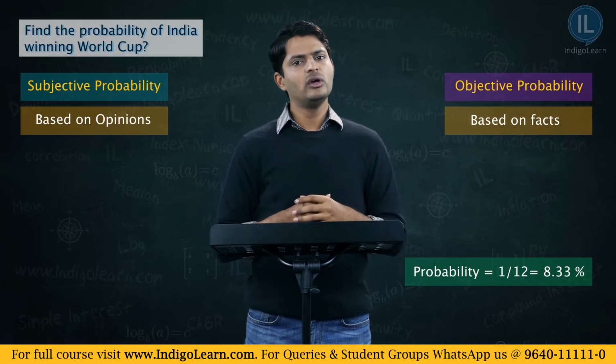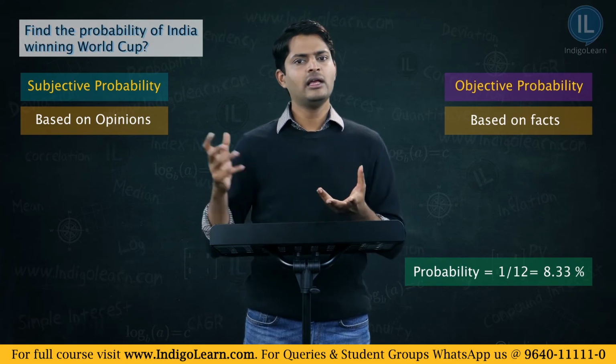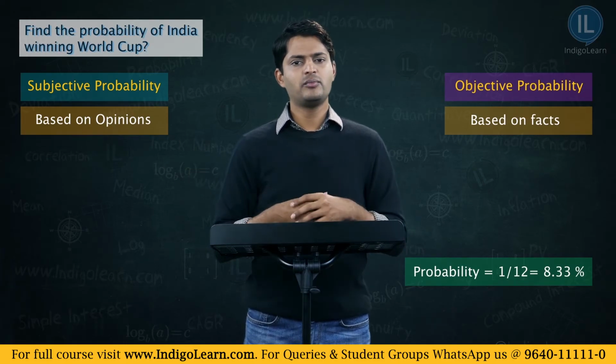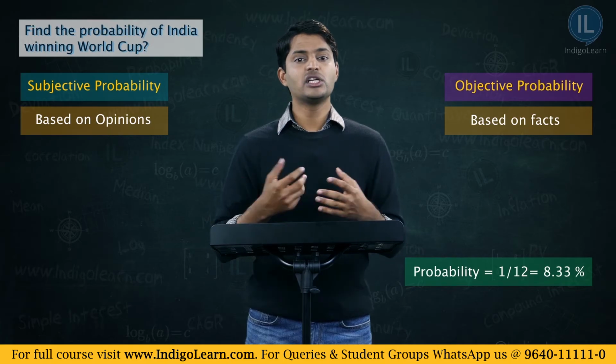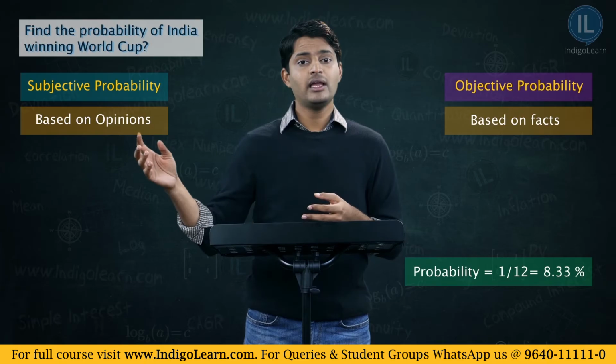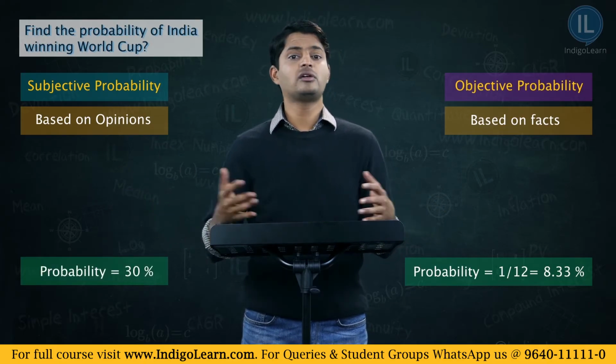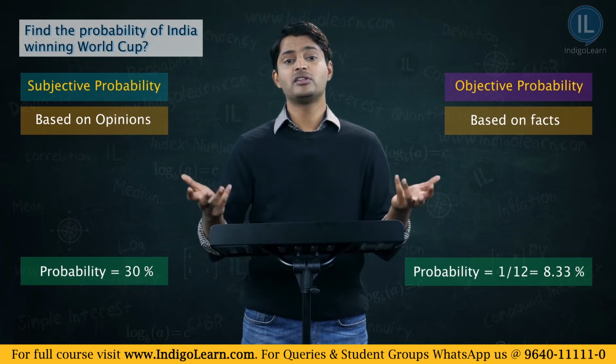But if I ask you, is it 1 by 12 or is it more than 1 by 12 in general, obviously you might say that since a lot of people are saying that India has a very good chance of winning the World Cup with a good team, probably you will say India has a 30% or 40% chance of winning, or some of you might say India can win it 50%, 60%.